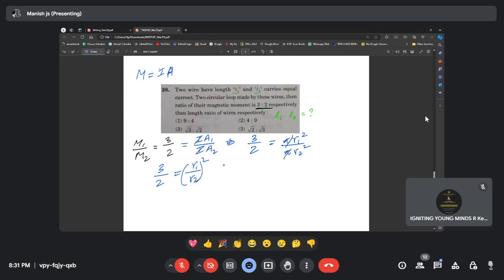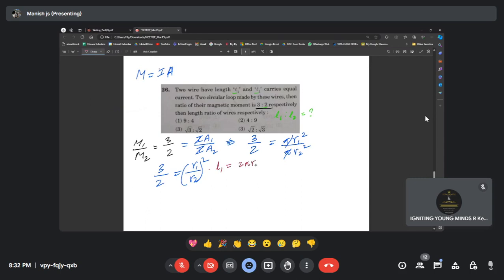But they're asking us length. How can we relate length, children? How do you bring in the relation for length? What is the formula that relates length and radius of a circle? Anybody? Circumference of the circle can be related to radius, isn't it? So circumference is nothing but the length. So L is equal to 2 pi r.